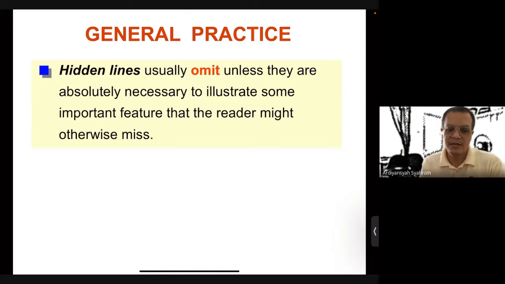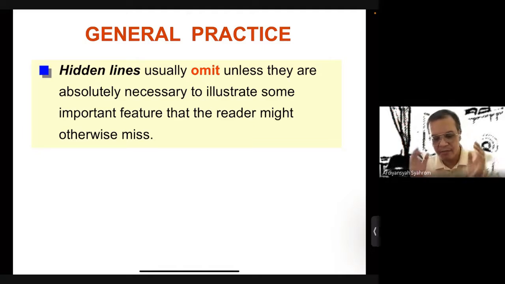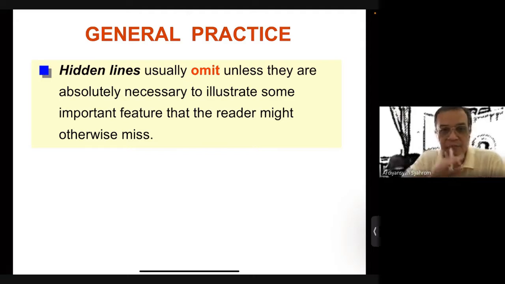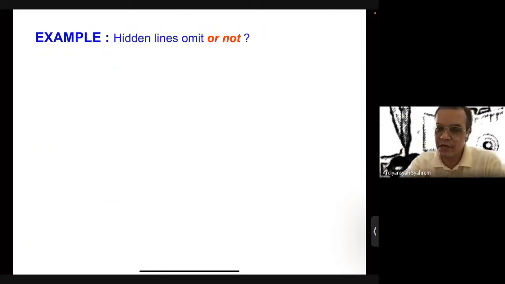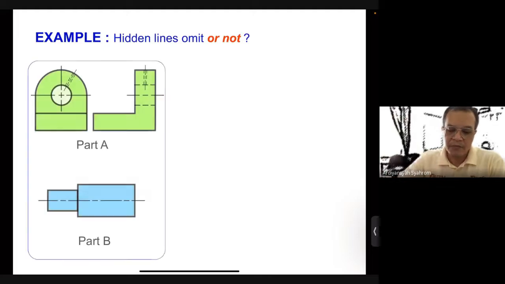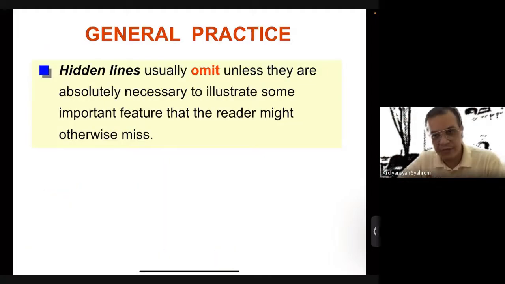If there is important information that might otherwise be missed, then you can show the hidden line. Mostly no. We can give another perspective.